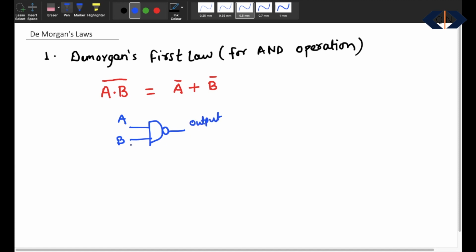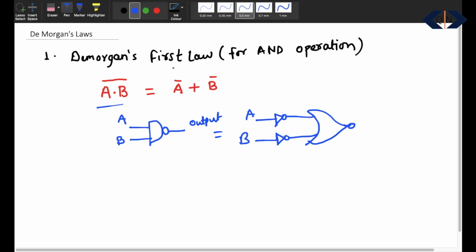Suppose this is the circuit on this side, it will be equivalent to A not, B not, and it will be further connected to an OR gate.